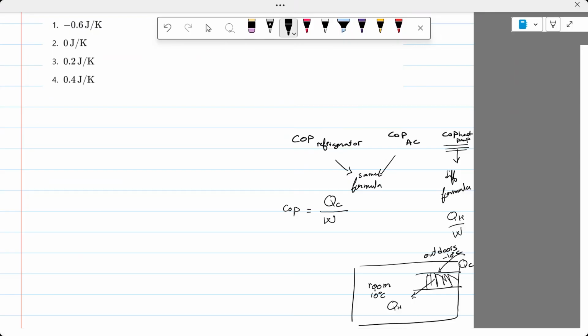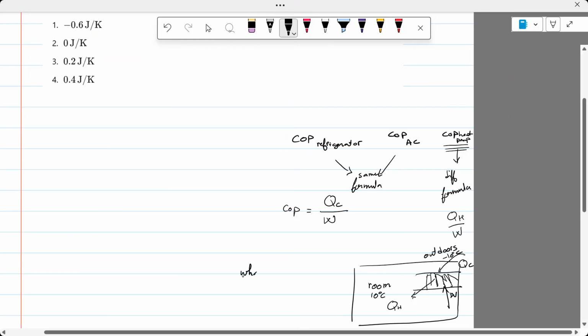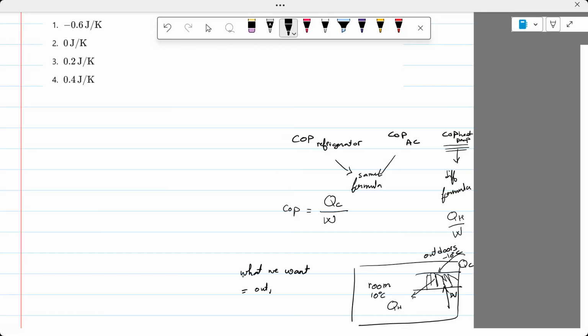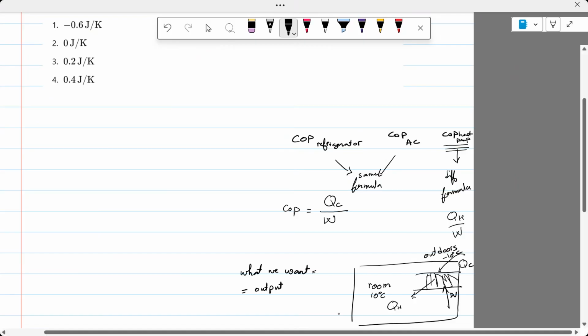So what you would be doing is the heat pump removes heat. We do work on it. We give it some electric energy to remove some heat from the outdoors into the room to warm up the room. What I want is to add heat to the room. This is my output. So what we want equals my output. In this case, it is adding heat to the room.